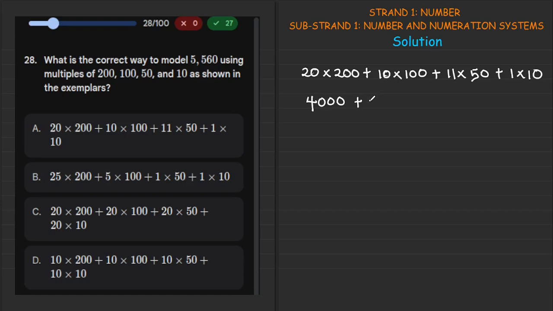This time around, since we'll be adding, let me just use the method right away. So plus 1 times 1 gives us a 1, then we add 3 zeros to it. So 1, 0, 0, 0. Then 11 times 5 gives us a 55. We have 55, then with our 0. And then we have 1 times 10, which also gives us a 10.